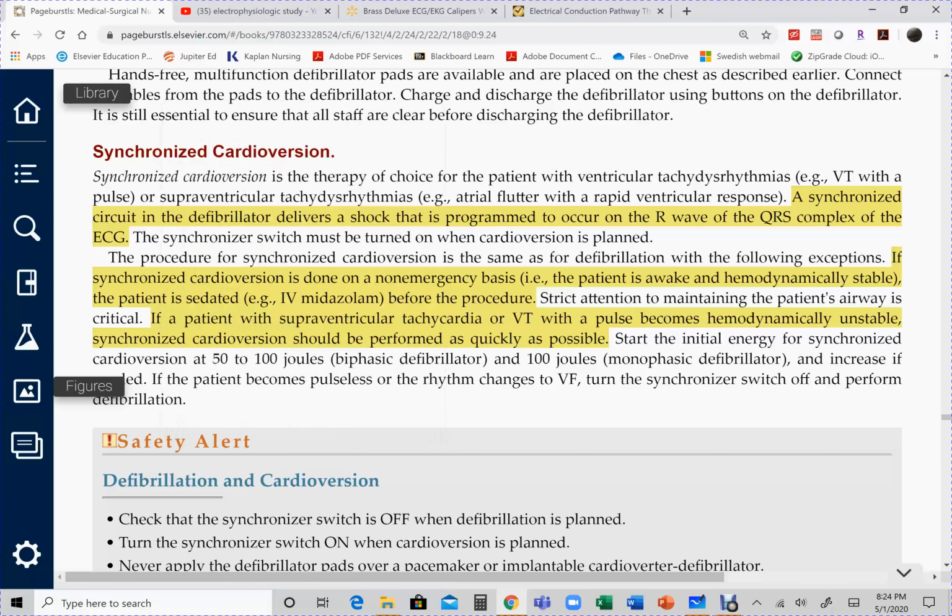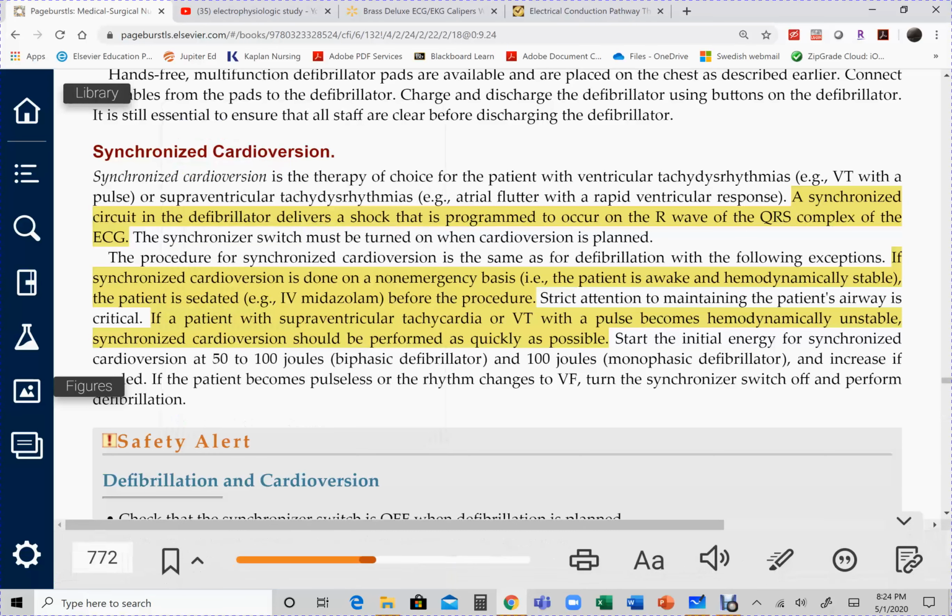You don't need to press any other button. As long as you keep the synchronizer switch on, the machine will deliver the electric shock at the peak of an R wave. Okay, so this one is more timed.